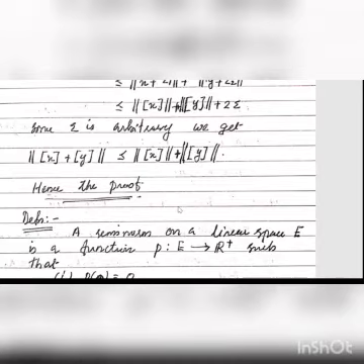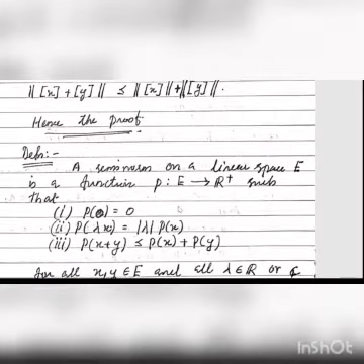So the formal definition: a semi-norm on a linear space E is a function P from E to R plus such that the first condition is P of 0 is equal to 0. Second condition, P of lambda x is equal to mod lambda into P of x. And third condition, P of x plus y is less than or equal to P of x plus P of y.